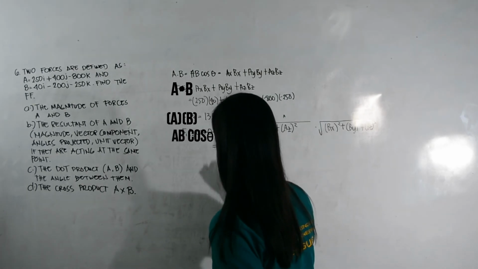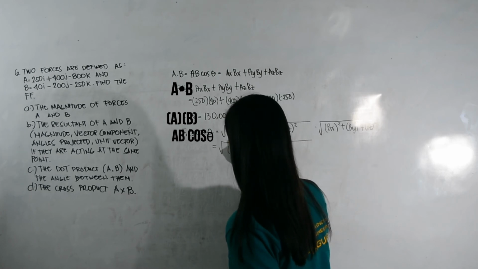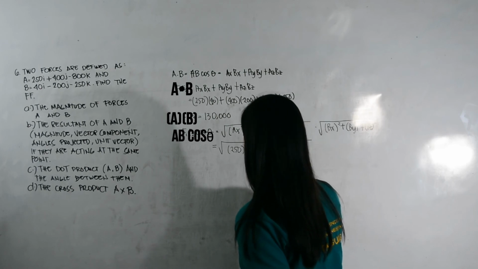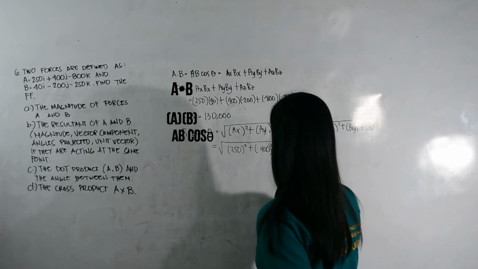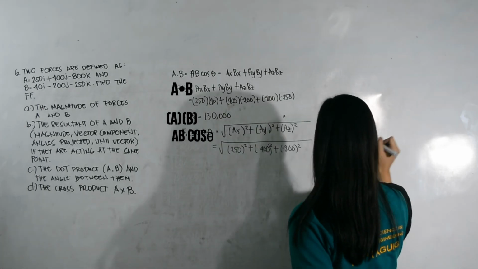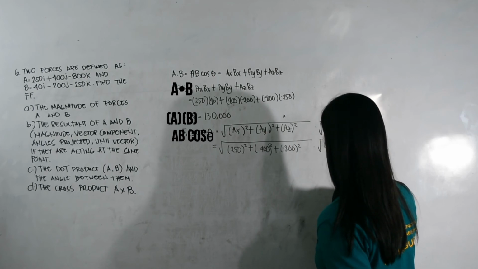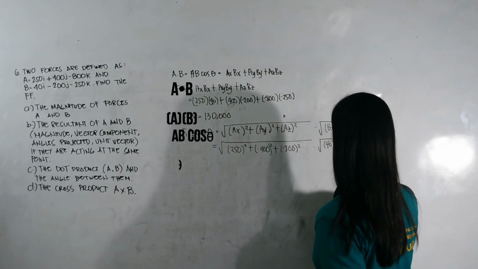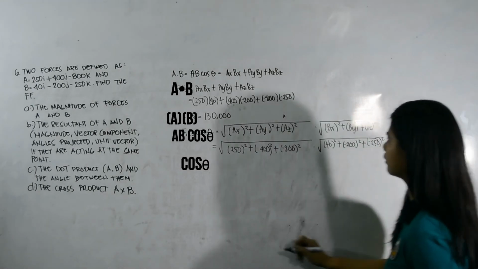So substitute for our A, the square root of AX 250 squared plus AY 400 squared plus AZ negative 800 squared times the square root of BX 40 squared plus BY negative 200 squared plus BZ negative 250 squared.